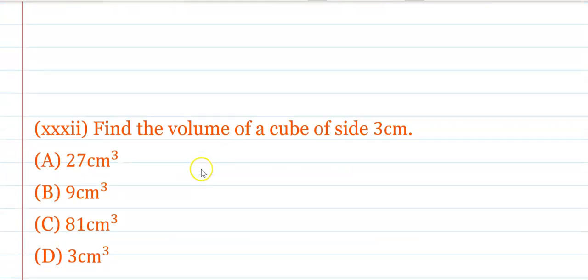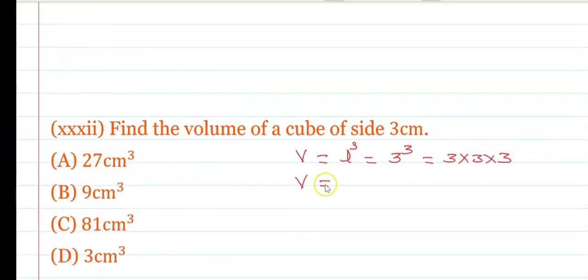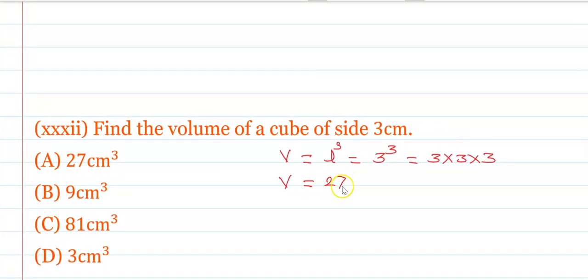Now next, find the volume of a cube of side 3 centimeter. Okay. Now again the cube volume is equals to L cube, means what, 3 raised to 3, that is 3 into 3 into 3, and that is equals to 27 centimeter cube, and therefore the option A is the correct one.